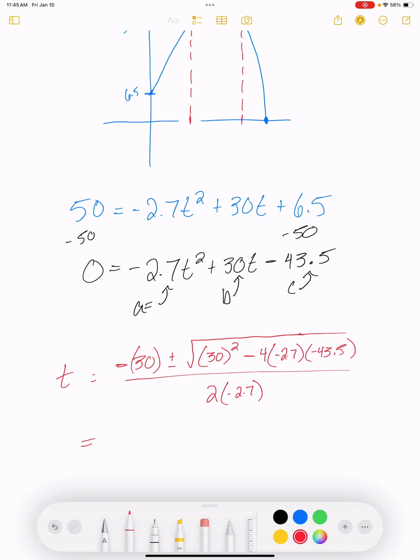And then I'm writing negative 30 plus the square root of, I'm not trying to simplify things and have an opportunity to make a mistake. I'm just going to put it in the calculator and pay close attention to what I'm doing there. So minus 4 times negative 2.7 times negative 43.5, all in parentheses, just how I have it written, all over 2 times negative 2.7, and we got one answer, right?